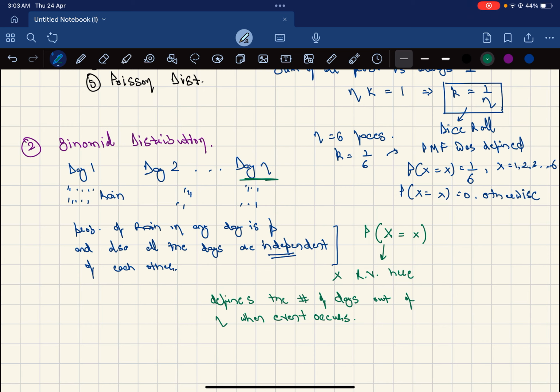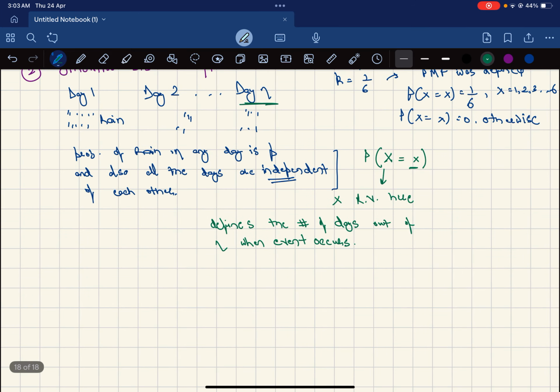Now if we want the value of this random variable to be x, how are we going to calculate it? You need to refresh your permutations and combinations from the previous session here. We look at the total number of ways to select x out of n days. We are selecting because we want x out of the n days to have rain, but these x days could be any x days.